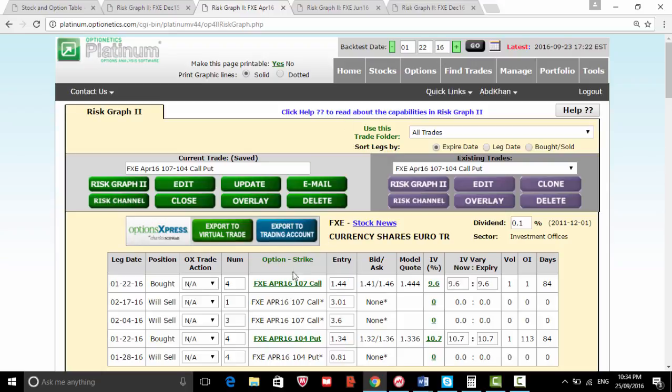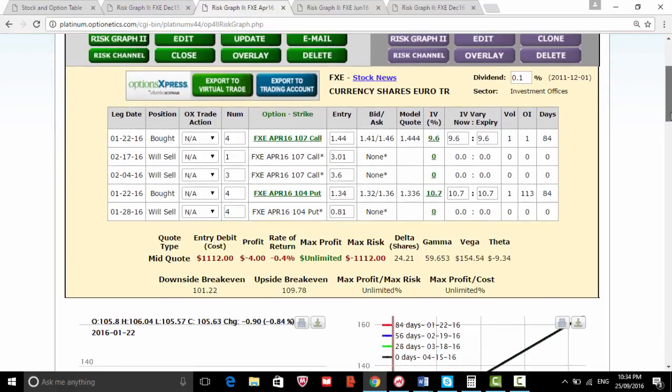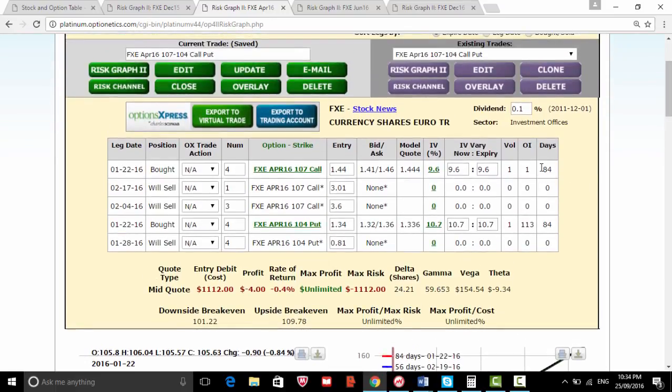In this case, we were in January and we decided to go with April options, which was 84 days to expiry. We went with the 107 call and the 104 put, and we paid around $1,100 for that. I bought 4 contracts, so roughly $250 to $260 each.